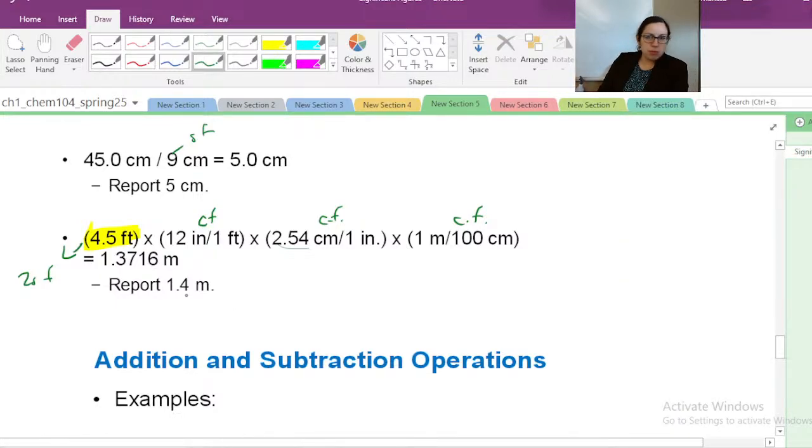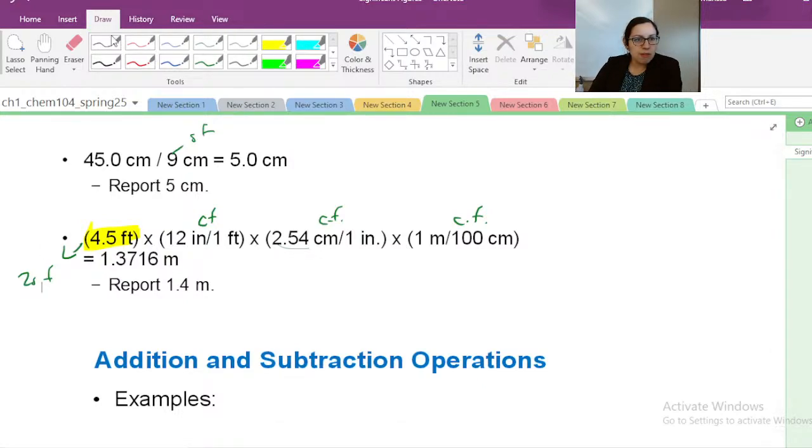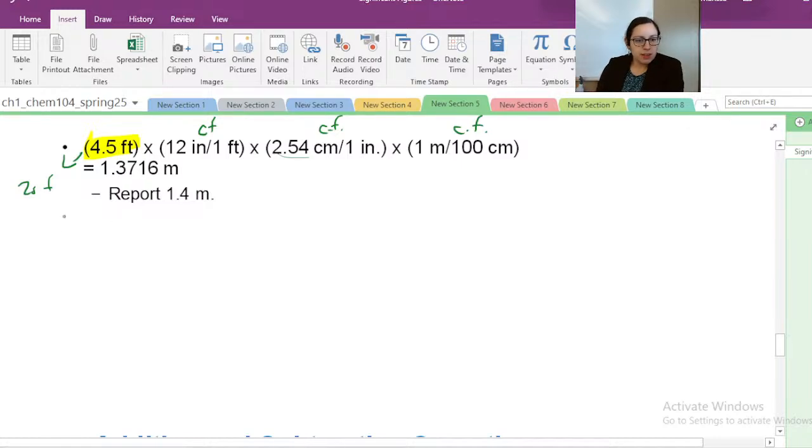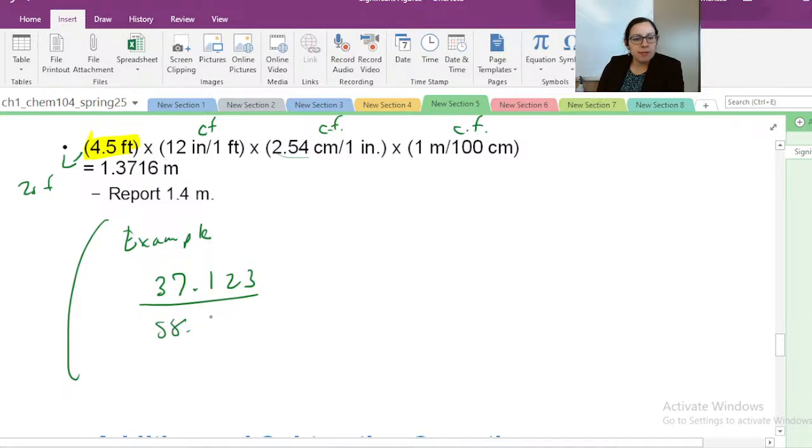Questions on the multiplication, division stuff? That's why I was saying, thinking of an example that we saw this morning for your measurements and mixtures. I forgot what measurements people were getting, but 37.123, essentially 5 sig figs over 5 sig figs.